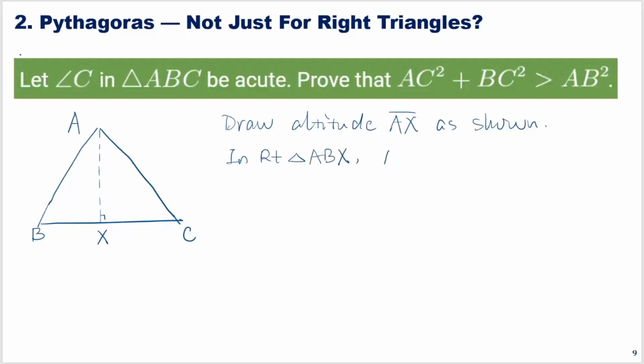AB is the hypotenuse, so AB square equals AX square plus BX square, right? And clearly BX is less than BC.